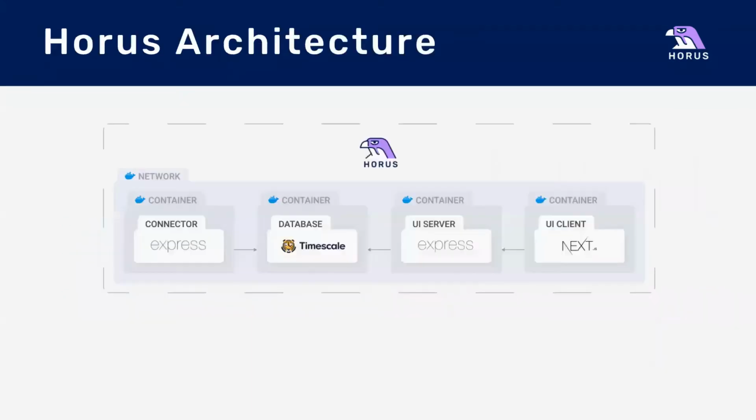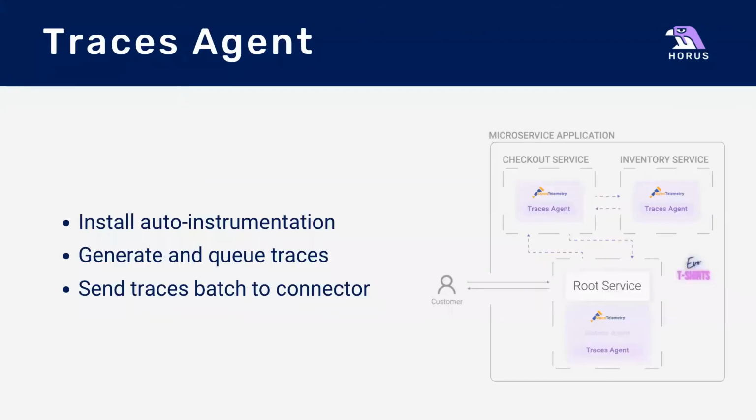A second key difference is that you don't just generate those traces and spans, you generate and queue them. Unlike a metric, which generates every interval, say every 10 seconds, with traces, you generate them every time an HTTP request comes in. So if you didn't queue traces, you would be hitting the database every time a request hits your microservice, which would have a taxing effect.